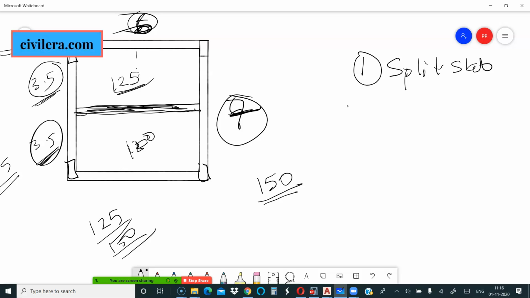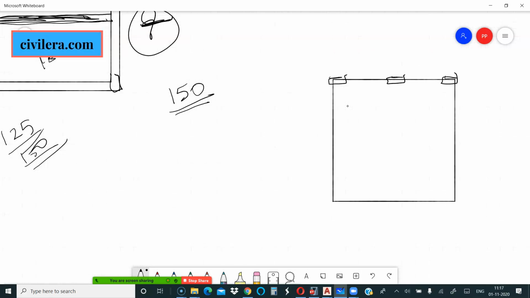Now the second reason for having a beam is tying a column. For example, say you have columns like this, and even if this is 4 meter by 3 meter, I might prefer to tie this column. That's to reduce the slenderness and to reduce the sway of the column. At least I will give a concealed beam there.